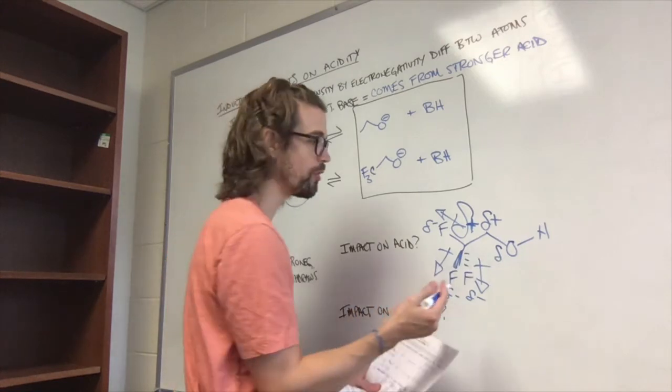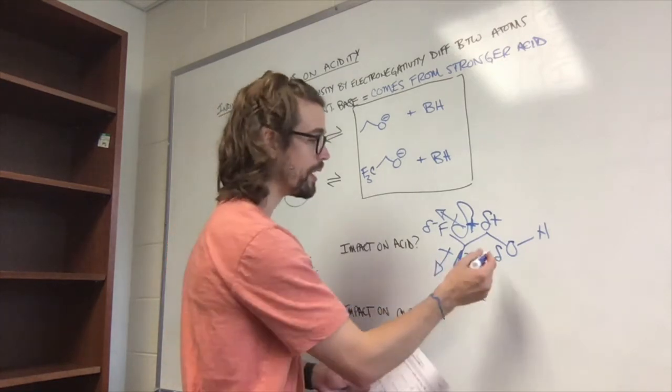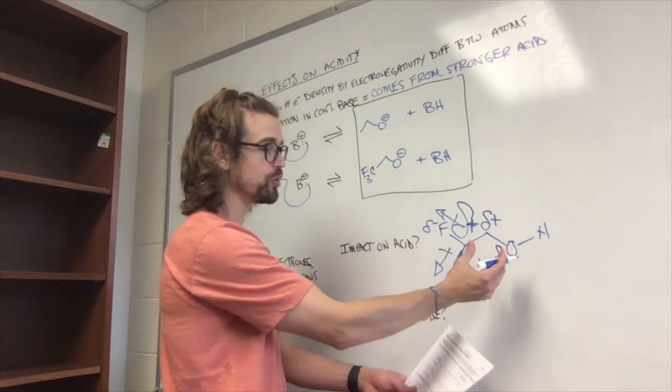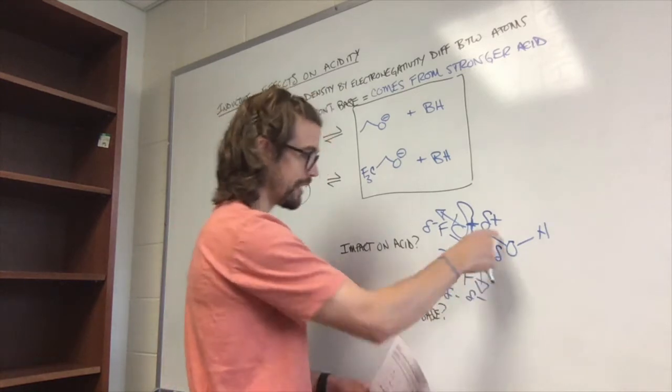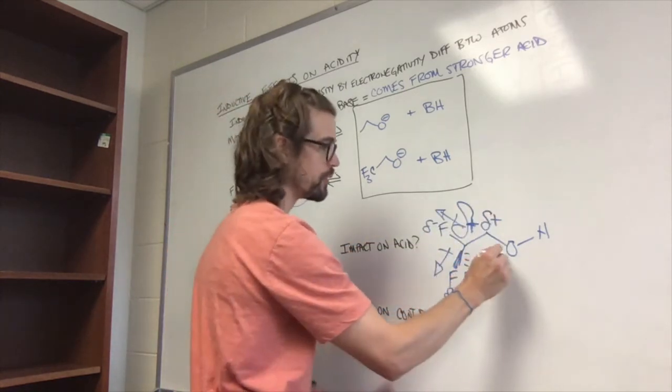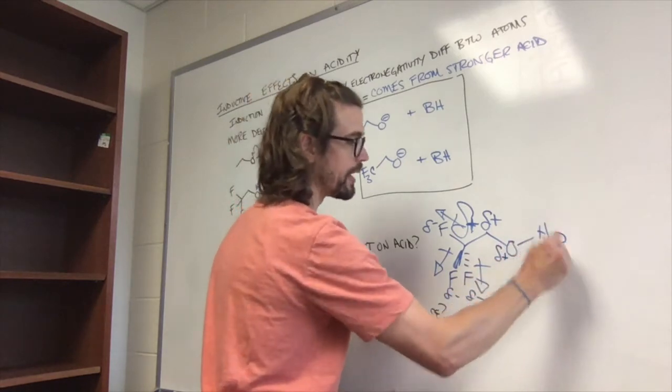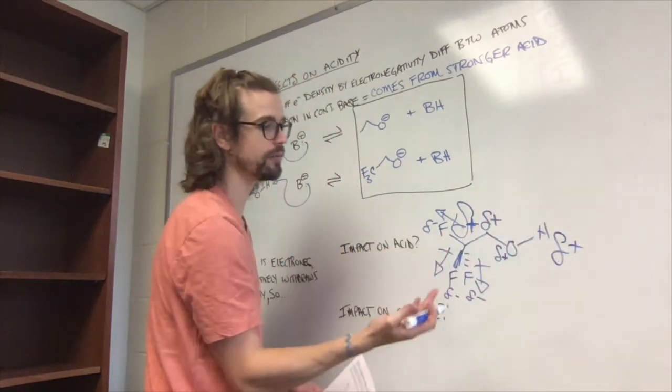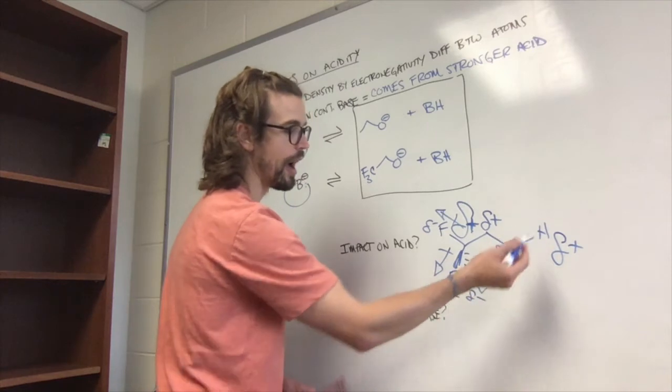It wants to pull electron density toward it, but it is not going to be able to pull much because of those fluorines also inductively withdrawing, making a much greater partial positive on that hydrogen right there.